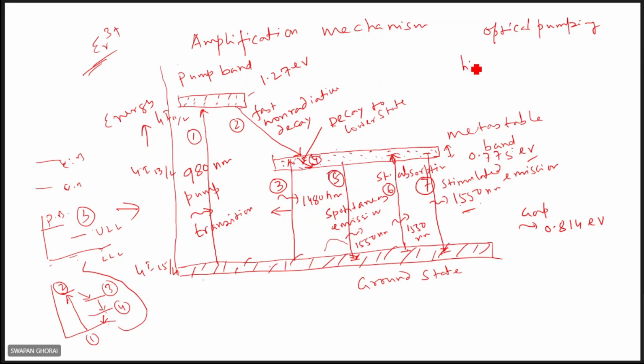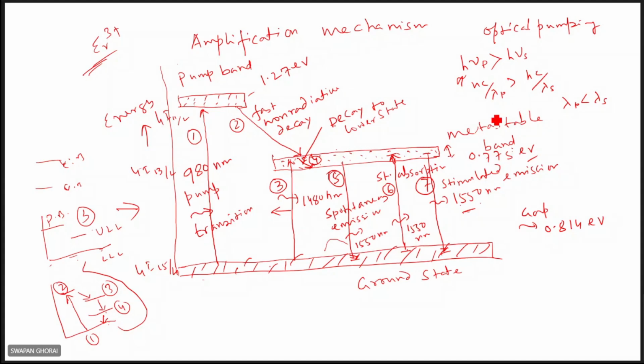So if the pump energy is h nu P, and h nu P is greater than h nu S, the signal photon energy, then since it is hc by lambda, the wavelength is inversely proportional, so lambda P will be less than lambda S, the signal photon wavelength. Then only will the pump photon energy be more.